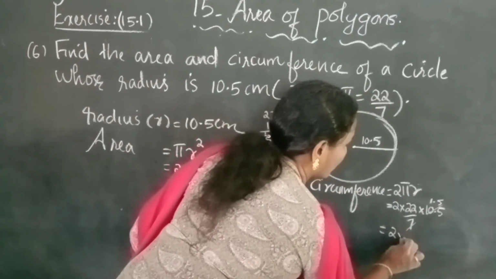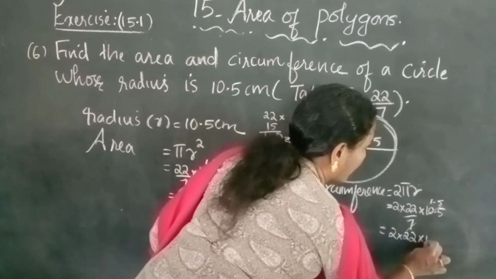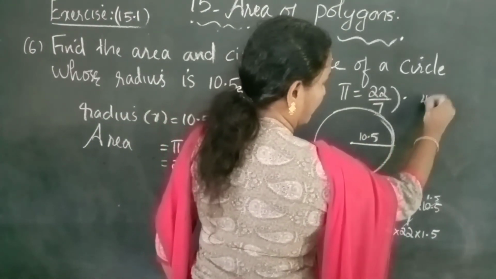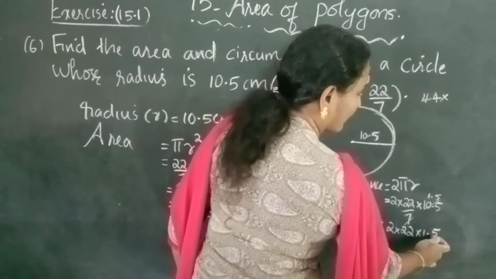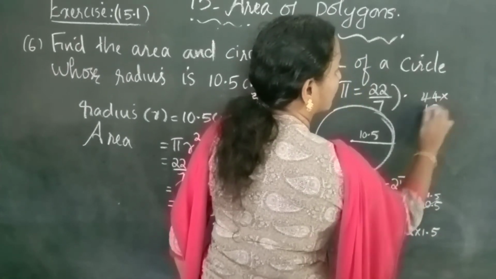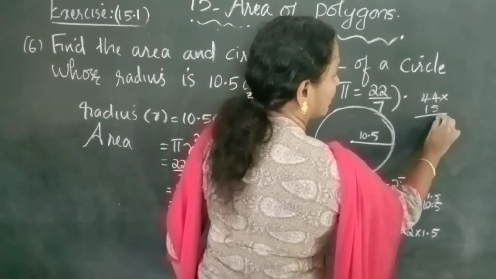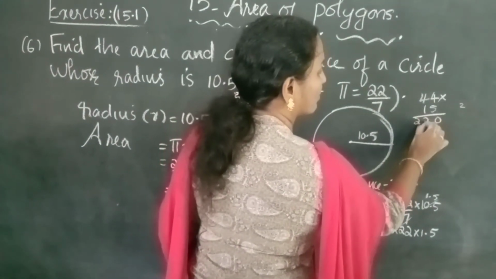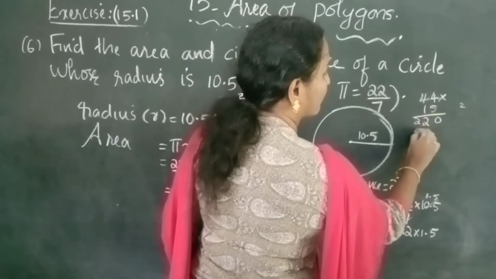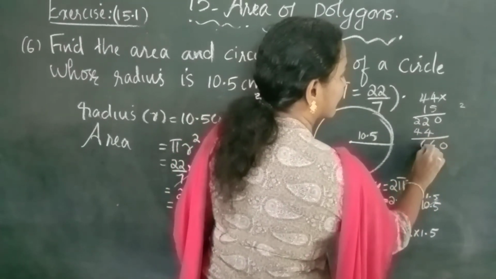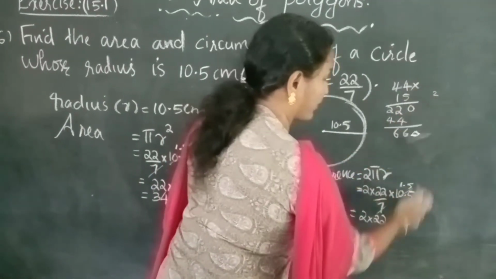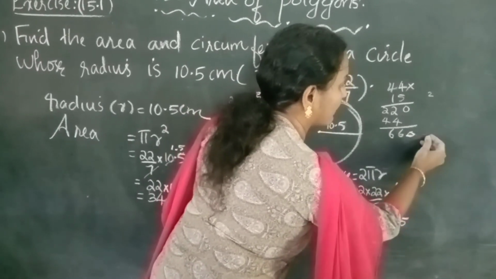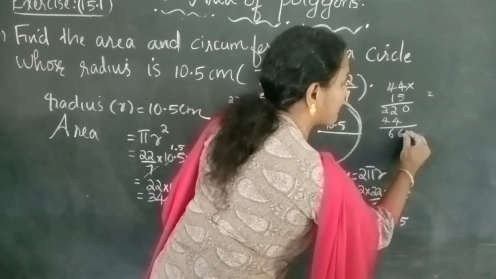So 2 into 22 into 1.5. 2 into 22, 44. 44 into 15, ignore the decimal, you multiply the numbers. 4 into 5, 20, balance 2. 4 into 5, 20, 20 plus 2, 22. 1 into 4, 4. Adding, 44 into 15 is 660. Here, 1 decimal point, so we have to move 1 decimal point from the right.